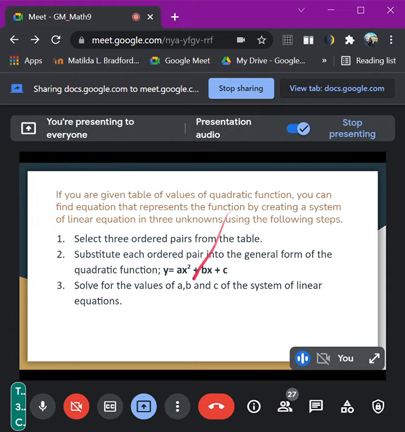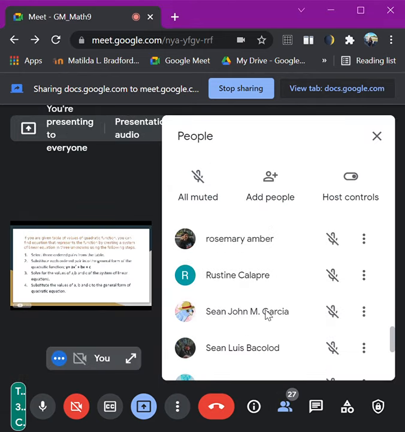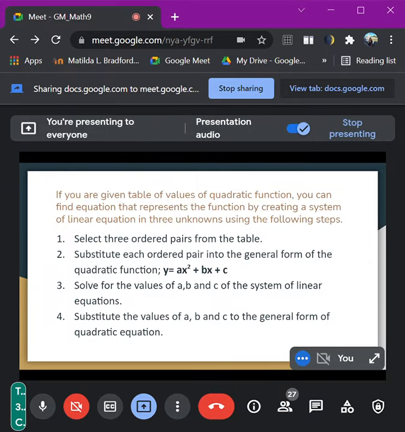Now we have here number 4, the last one. Please read. Substitute the values of a, b, and c to the general form of the quadratic equation.